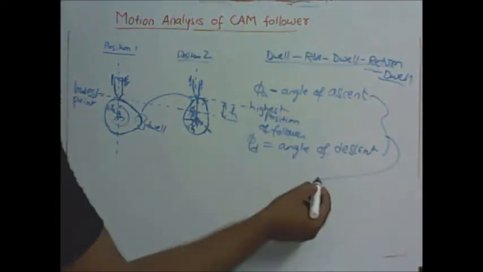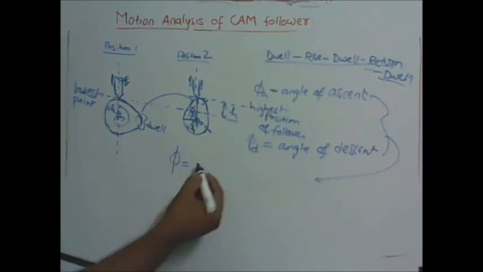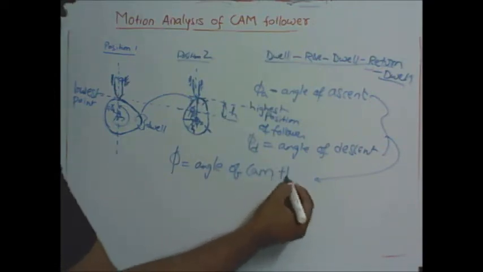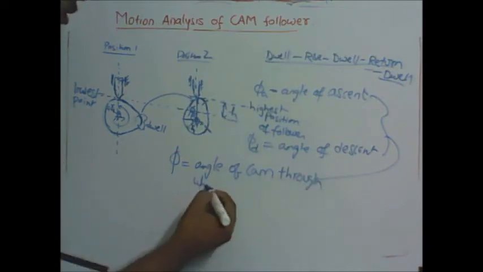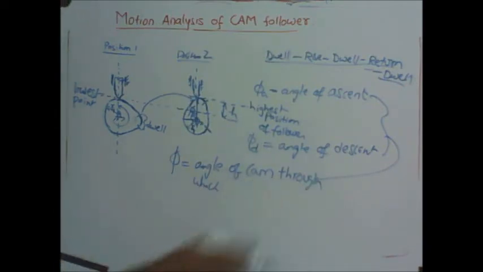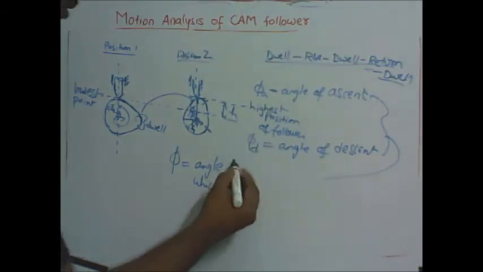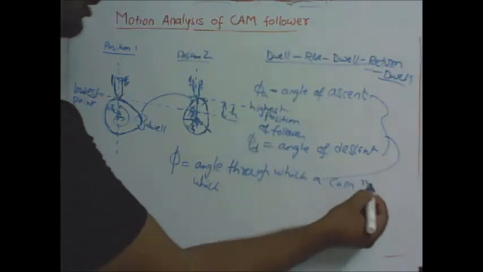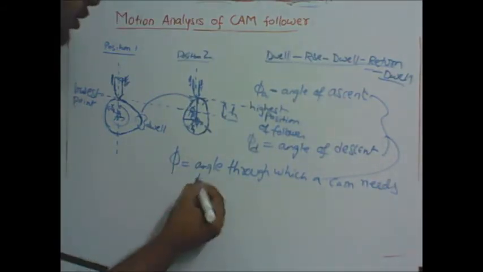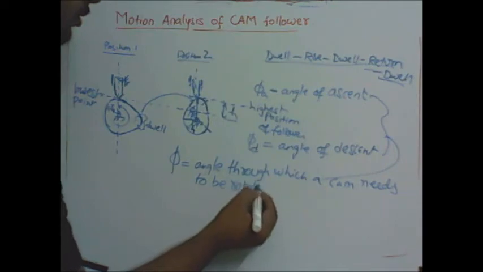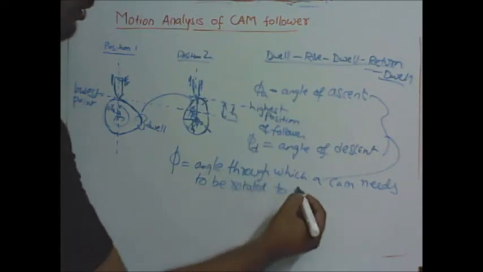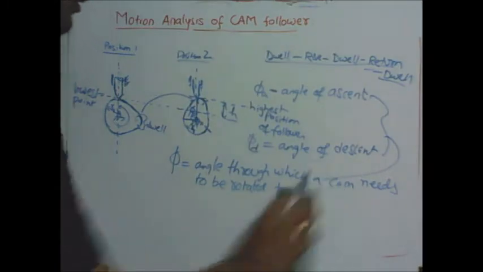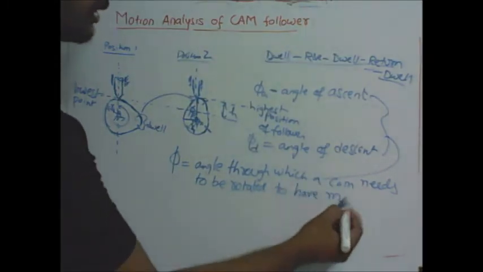Both in general can be specified by the angle phi, which is the angle of cam through which a cam needs to be rotated to rise or to have maximum displacement of the follower.